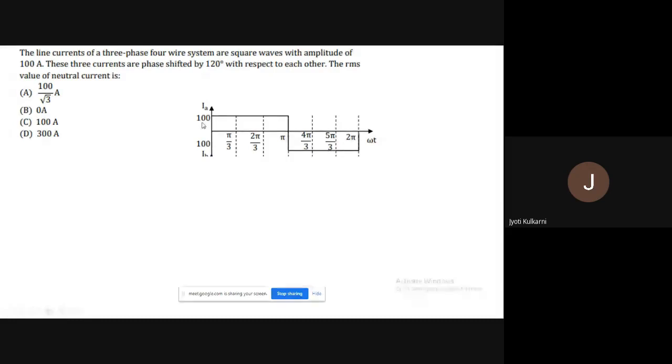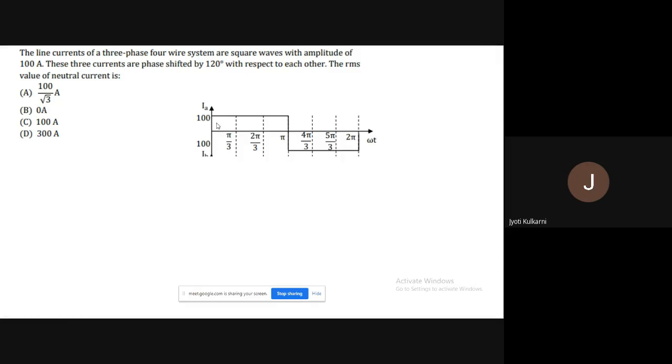Now we all know that every half cycle is of 180 degree. So see, we have taken three parts: first part, second part, and third part of each half cycle. What is the duration of the total half cycle? 180 degree. So now tell me, what is the duration of one single part of this half cycle? The half cycle is 180 degree.